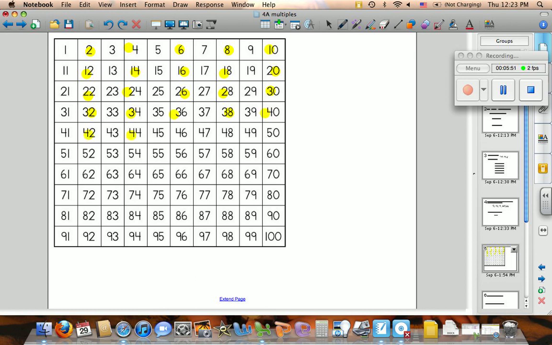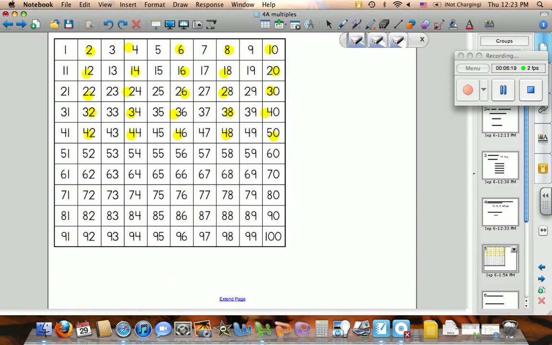One thing I'm noticing is that when a number is a multiple of 2, its ones digit is either 0, 2, 4, 6, or 8. If you take a look at the ones digits in all the numbers I've highlighted, and I didn't complete the whole table, you can see that the ones digit is always 0, 2, 4, 6, or 8.